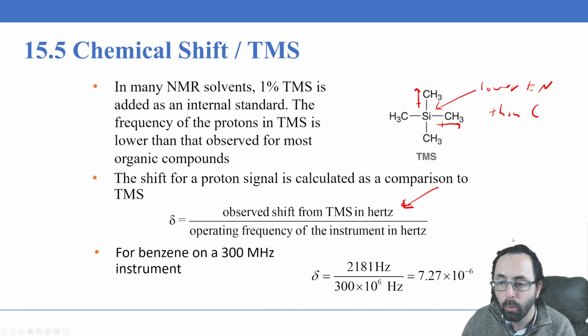And so when we had the 1.41 Tesla magnet, this generally absorbs frequencies of RF radiation of about 60 megahertz or million hertz.